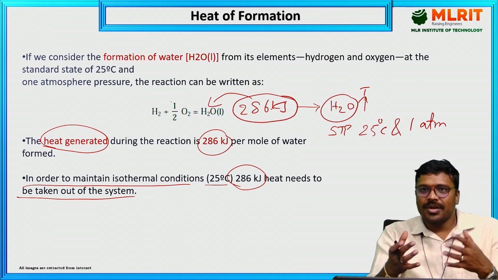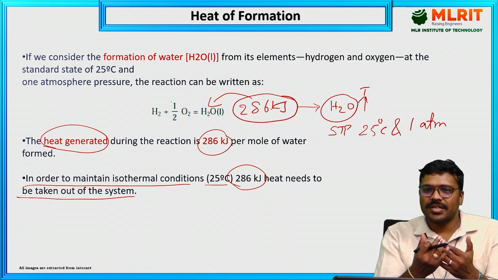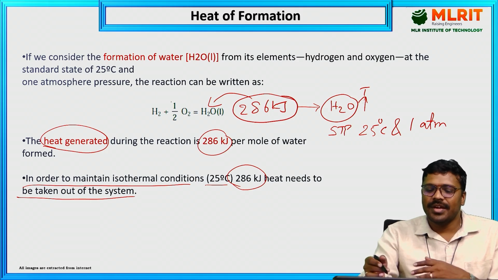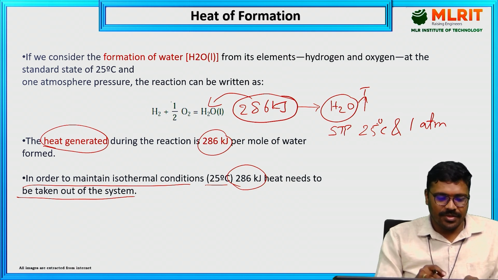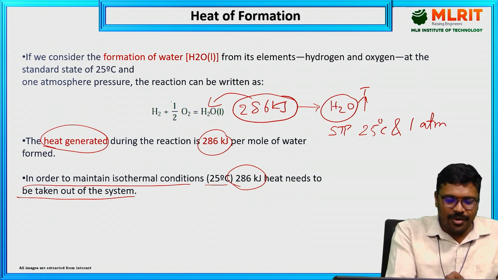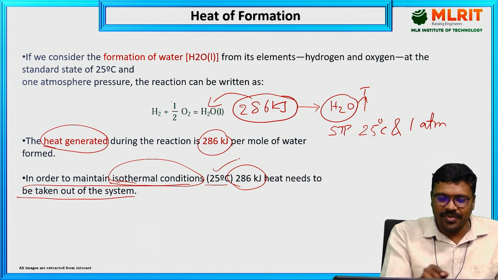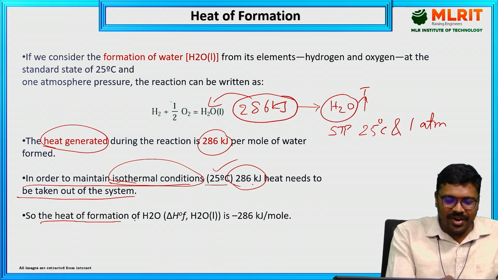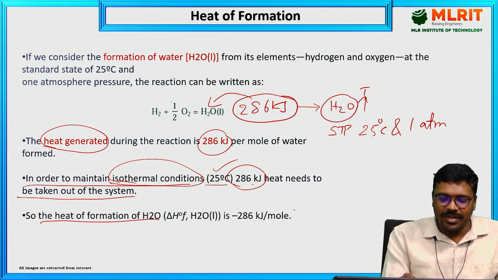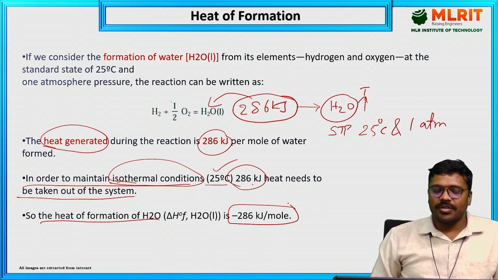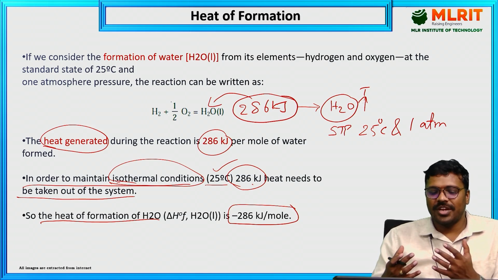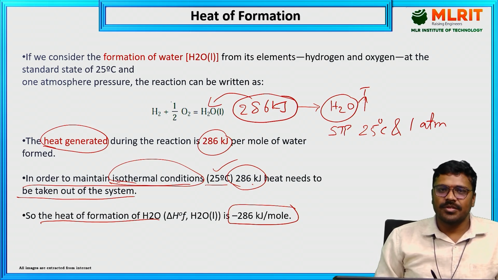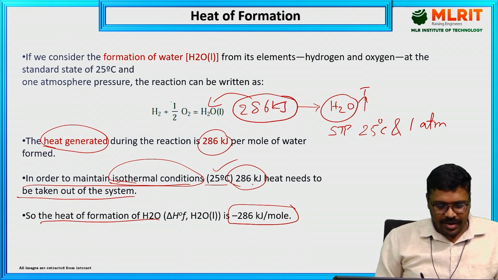We have to remove that 286 kilojoules of energy from the H2O. Then H2O will be at STP condition. So, that is what is explained here. In order to maintain the isothermal condition, that is 25 degrees centigrade, 286 kilojoules needs to be taken out from the system. So, the heat of formation of H2O is nothing but minus 286 kilojoules per mole. This amount of energy has to be removed. So, minus 286 kilojoules per mole is the heat of formation of H2O.